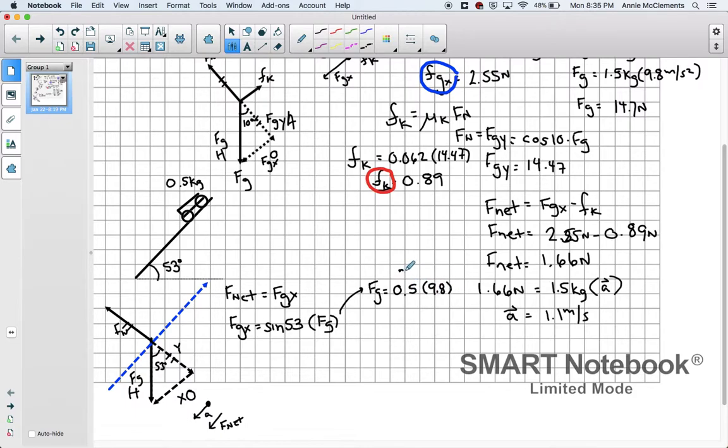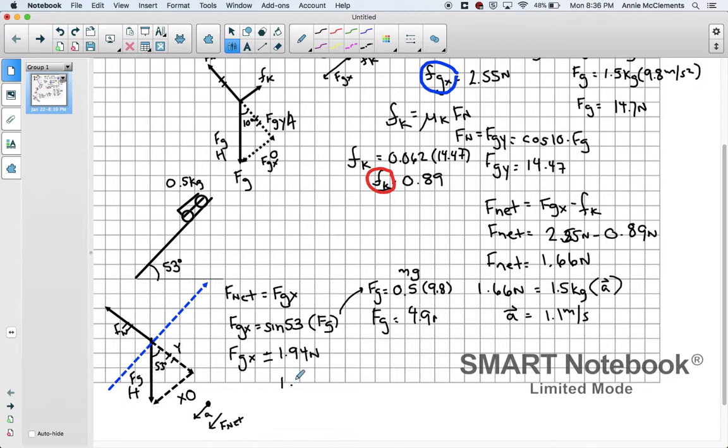This is just mass times little g. So Fg will equal 4.9 newtons times the sine of 53 degrees should be 1.94 newtons, I believe. And that's going to equal our Fnet.